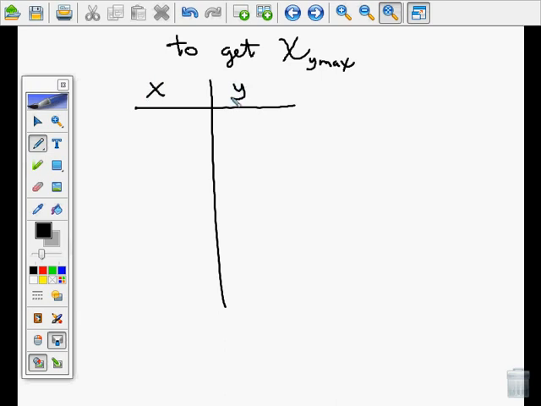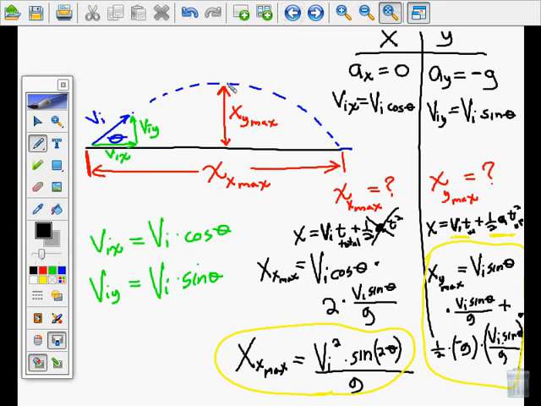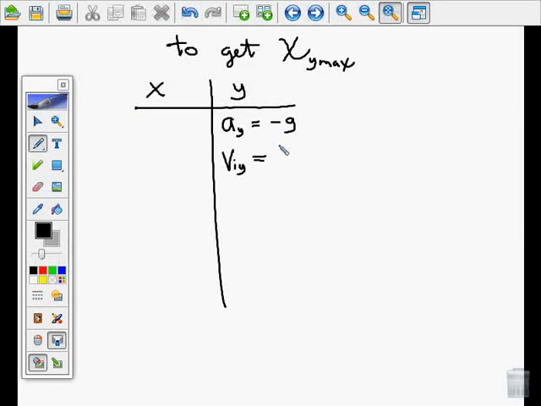So on the way down, we know the acceleration in the y direction is equal to negative g. And we know the initial velocity in the y direction on the way down, well, on the way down, what's going to be the initial velocity in the y direction? 0.